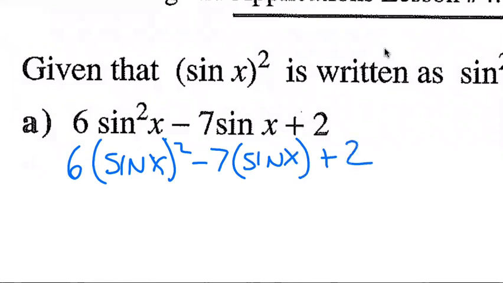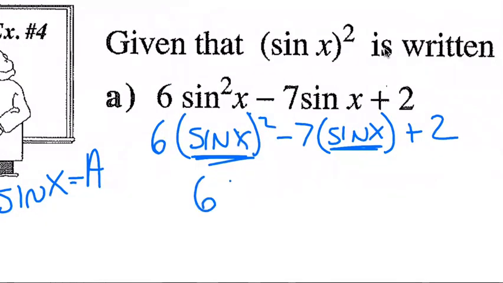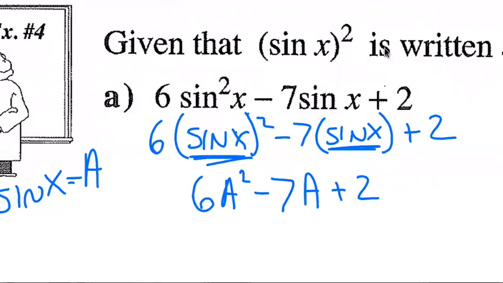Now you can see that if we replace sine x with something, it might make this question easier to read. So let's say that sine x is going to get replaced with a big capital A. This is now 6a squared minus 7a plus 2. Now we can factor that.